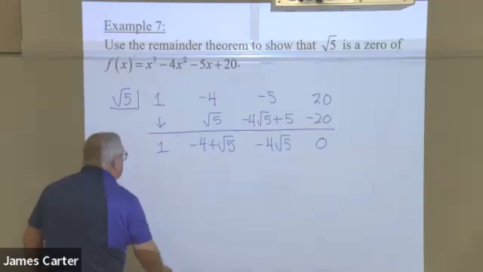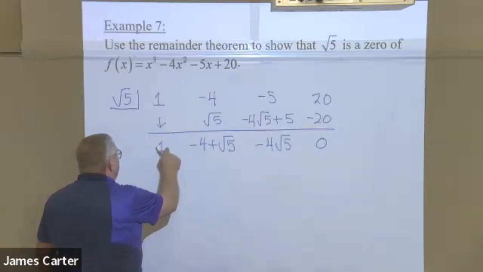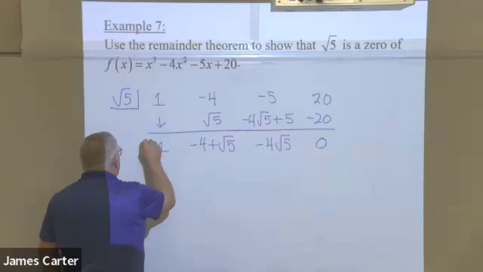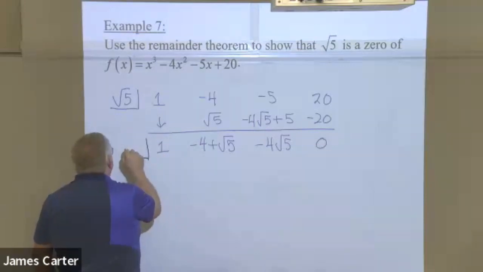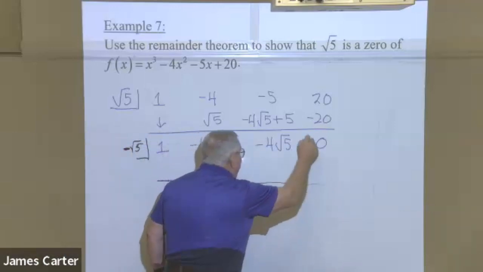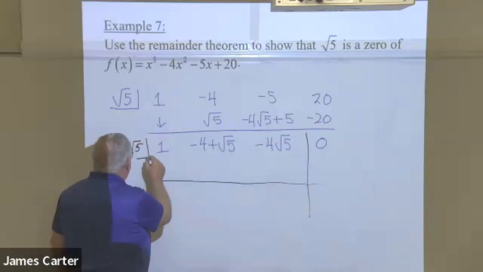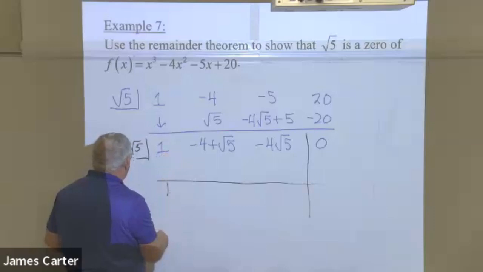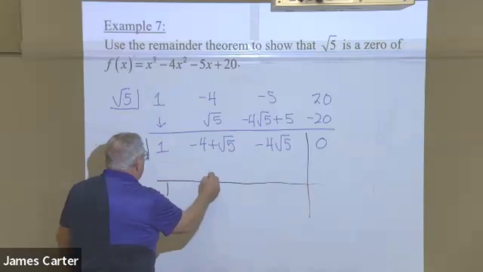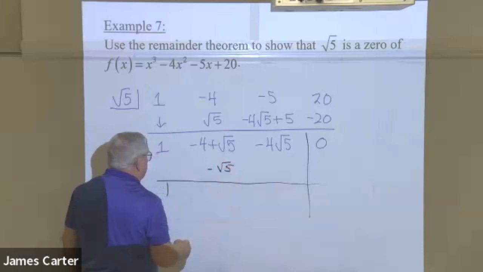Actually, I think I will go ahead and show you that. We're going to take these values. I'm going to divide it by that negative radical 5. There's my remainder line. Bring this one down, multiply, and I get negative radical 5.